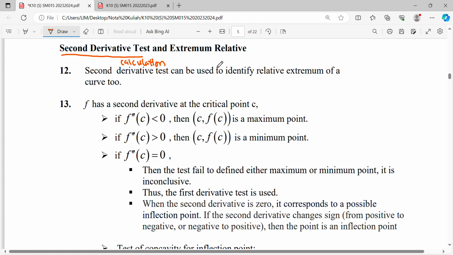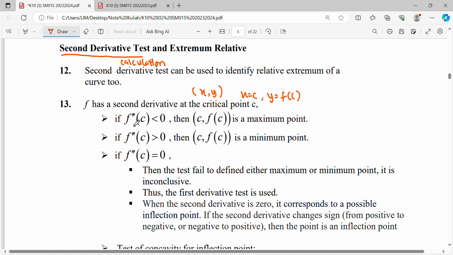We use the critical point we found just now: if our critical x is equal to c, then our coordinate y will be f of c. So we substitute the point into our second derivative.